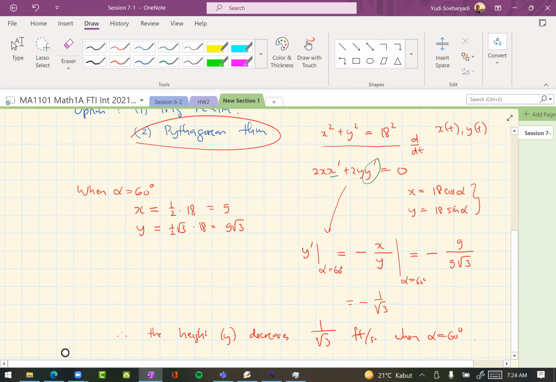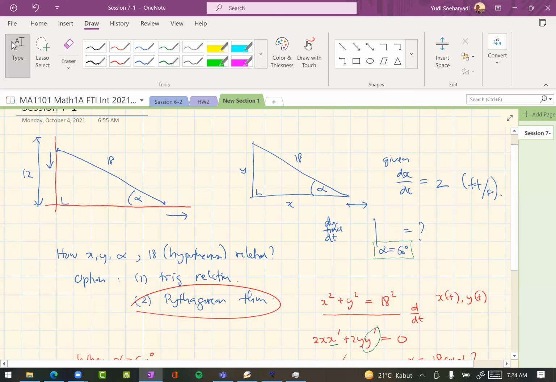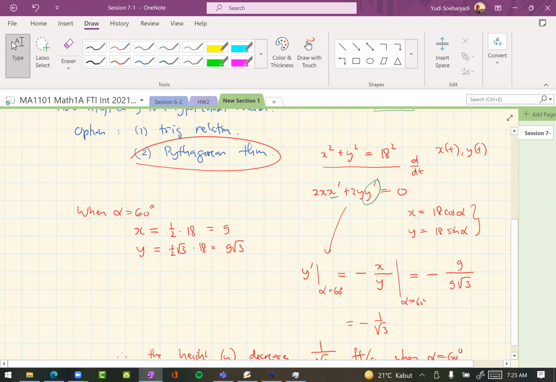All right, so the picture is really a part of solving this problem. You got to draw the picture. And there are two kinds of picture here. You have a general picture like this one. There's x, y, alpha, what is moving, what is changing. And also there is the instantaneous picture.